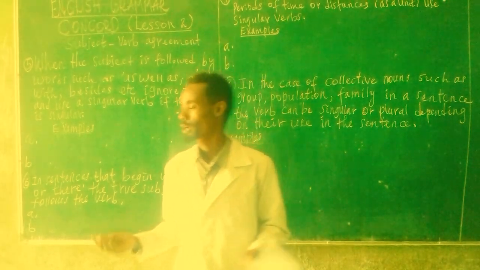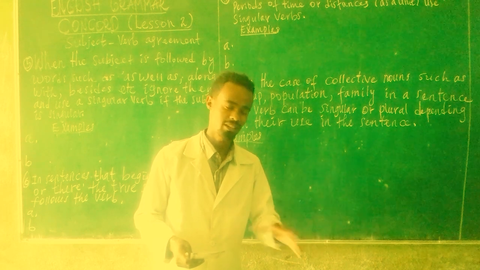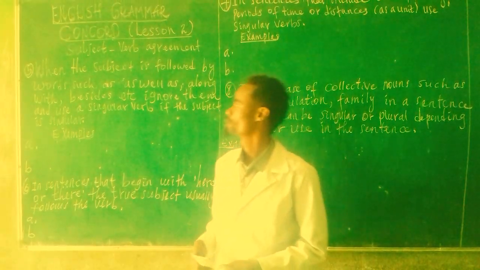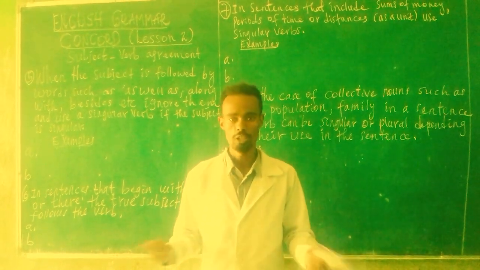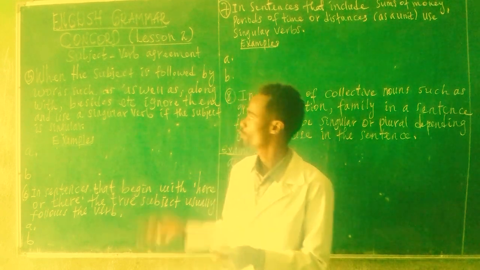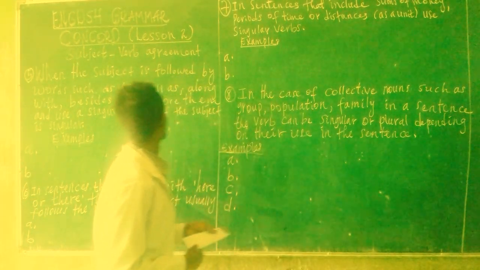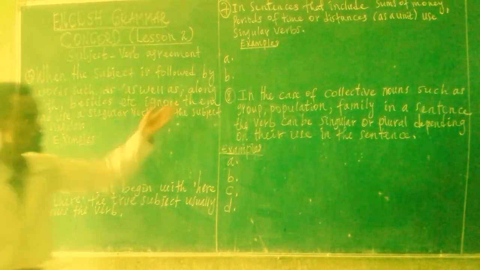And today we are going to continue our previous lesson. If you remember, last time we started the English grammar topic about Concord, and we saw 4 rules. Today we will continue from rule 5 to rule 8.